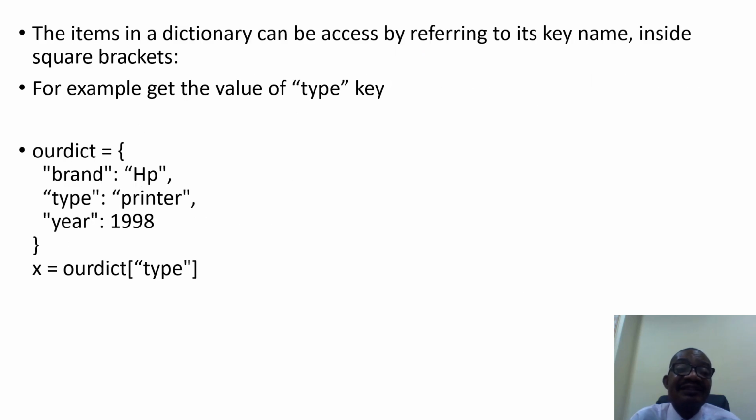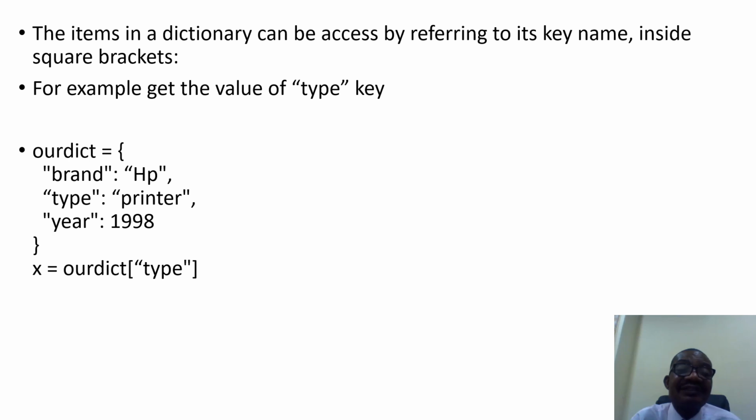Here is a typical example of a dictionary. Our dict is equal to, you have the string brand. What is the name of the brand? HP. What is the type? It's a printer. What's the year? 1998.